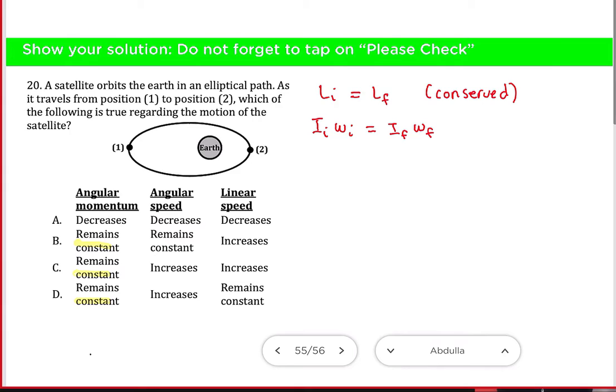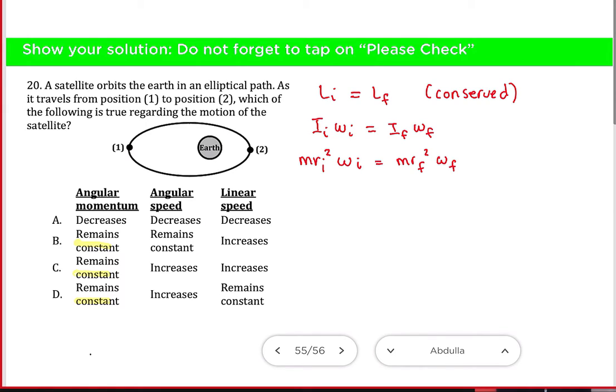And when an object is rotating about an axis that is outside of its body, then the moment of inertia is just going to be mr squared. So the moment of inertia initial would be m r initial squared multiplied by the initial angular speed, which is equal to m r final squared multiplied by the angular speed final.